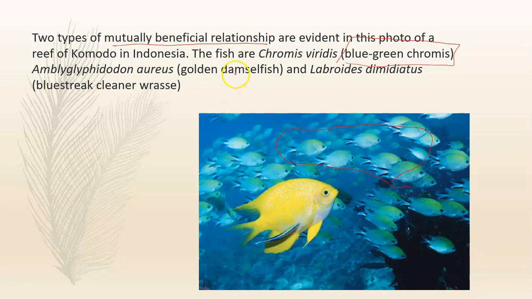And with the golden damselfish. So this is a golden damselfish, and I don't know which one is the third one, a blue streak cleaner wrasse. Maybe if I search, I will find that. But anyway, it doesn't matter.